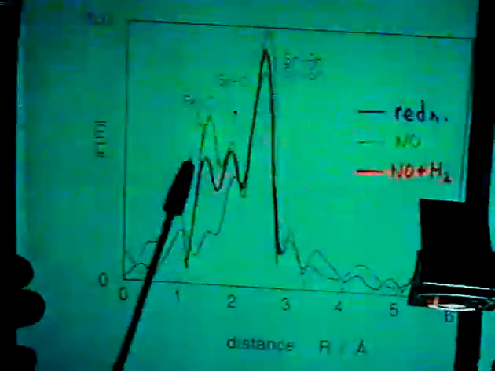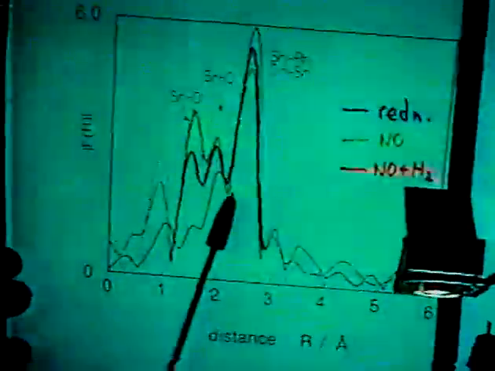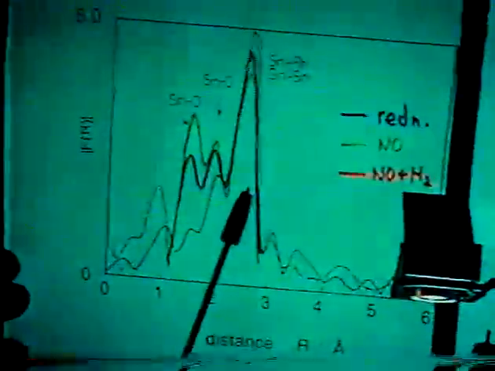Oxygen-tin bond was observed at 0.205 nanometers. Nitrogen atoms recombine to form dinitrogen, which evolves to the gas phase, or react with nitrogen oxide to form dinitrogen oxide.